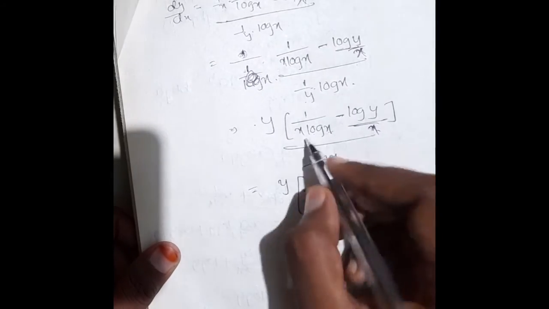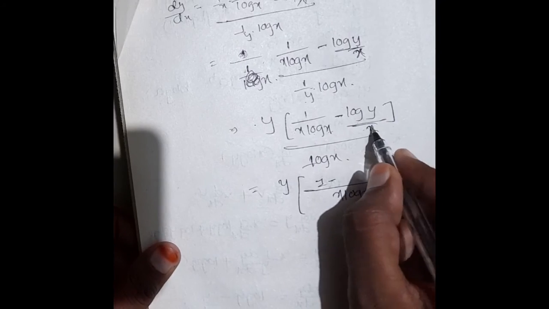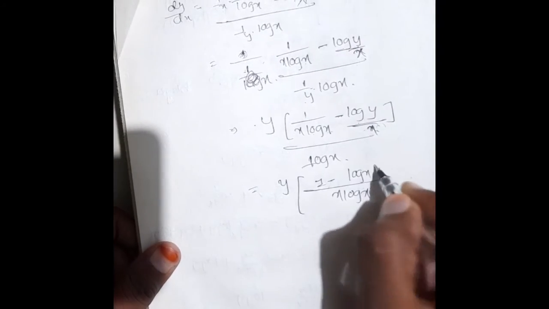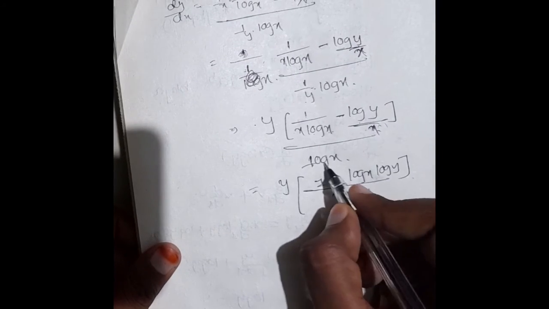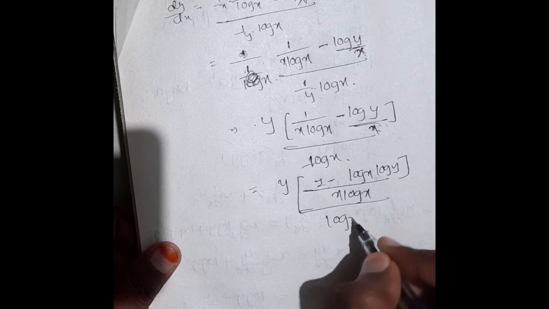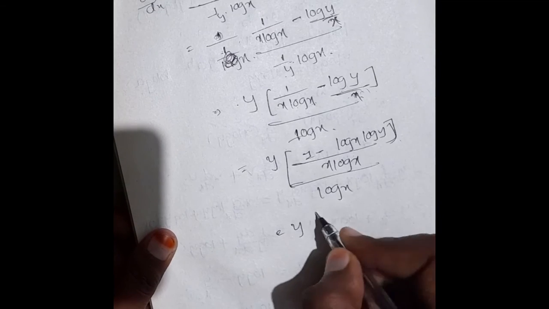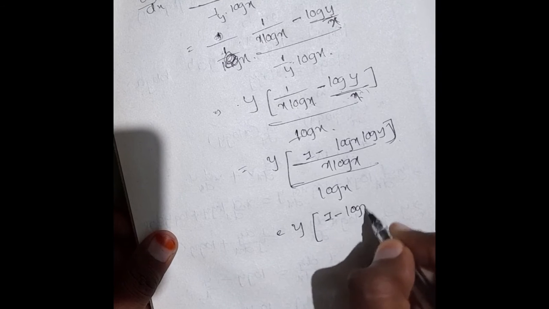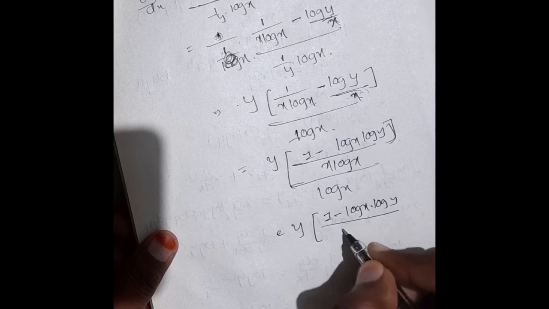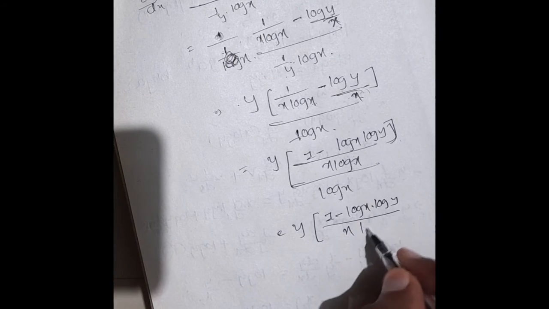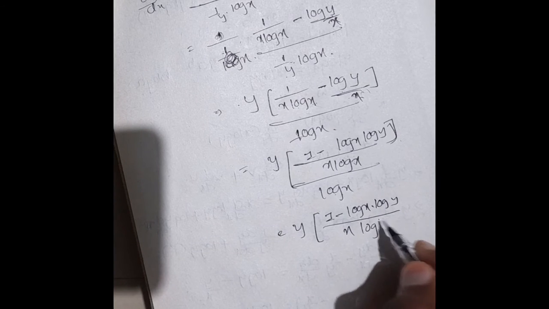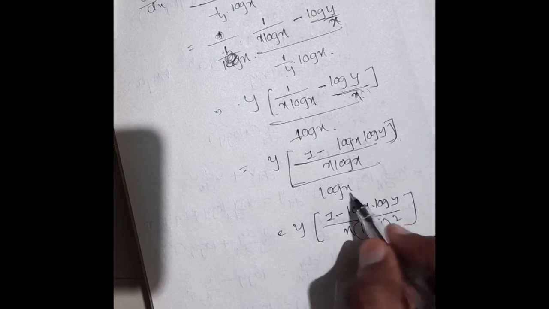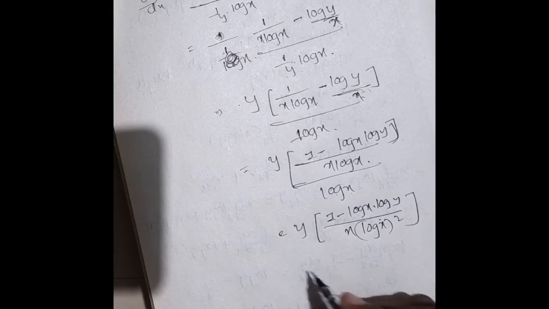x log x. Now 1 minus, we don't have log x here, that's why log. Let it be like this, let's write it in the next step. Now y times 1 minus log x into log y, and x goes to the denominator, log x whole square. This is the RHS here.